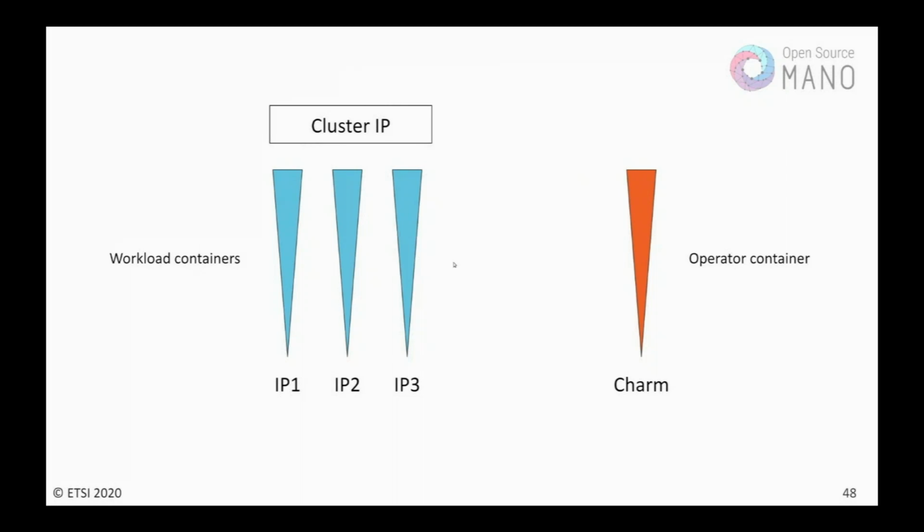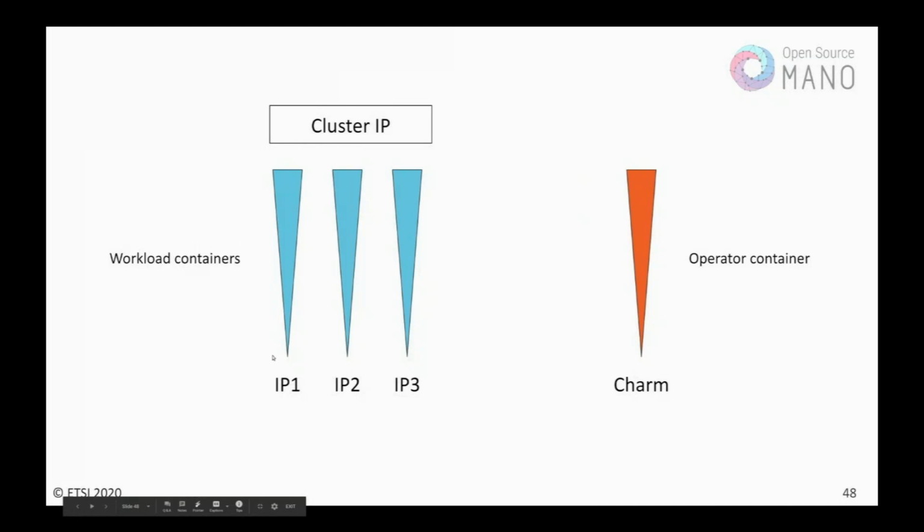Okay, so the workflow could be something like that: the charm operator will trigger the scale event, let's say, and the workloads will scale to the number of units that the operator set.